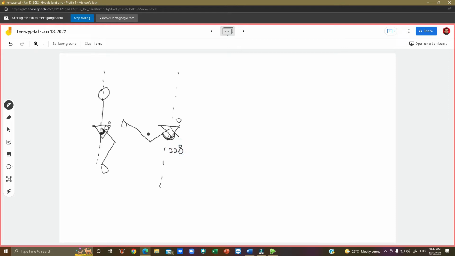Okay. And when he tries to kick the ball, the end place will be similar as the starting place. Kosong. Okay. So we start from kosong degree to 220 degree, and then it becomes kosong again.